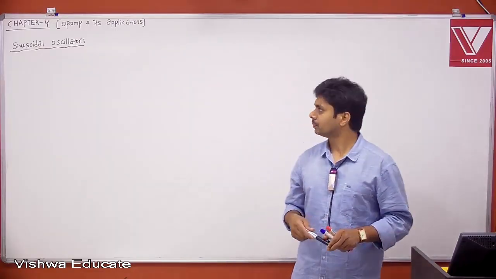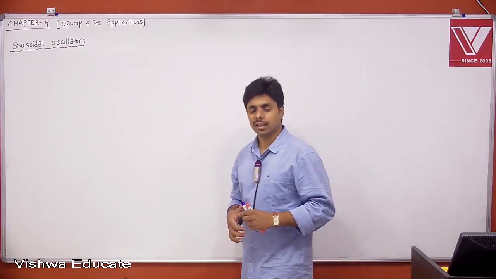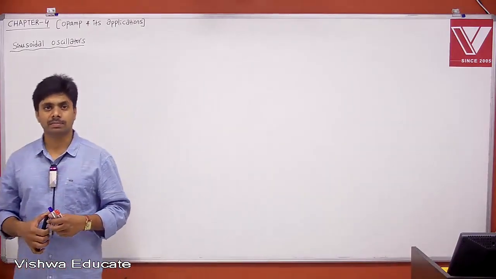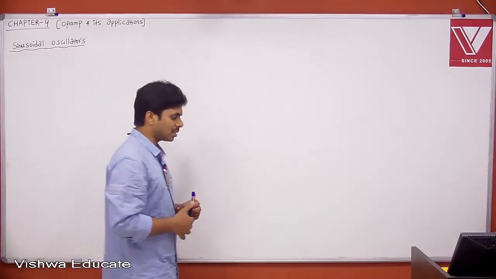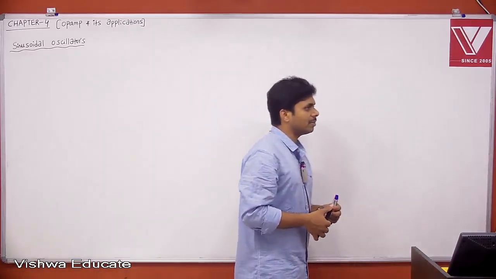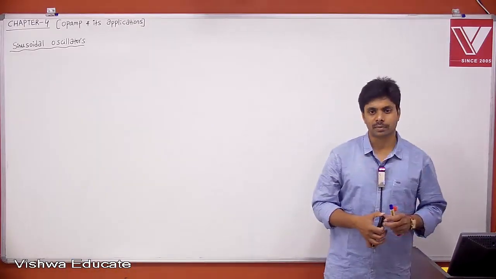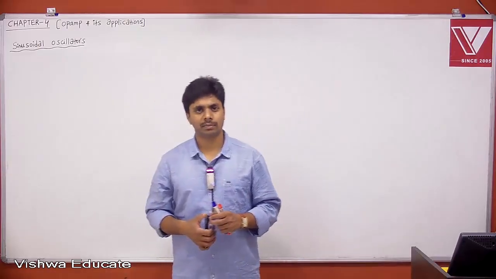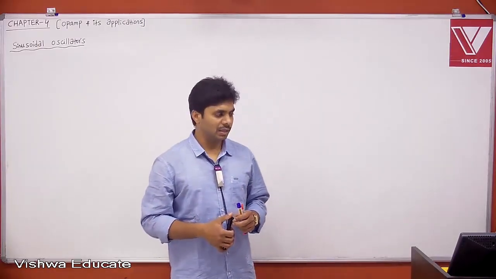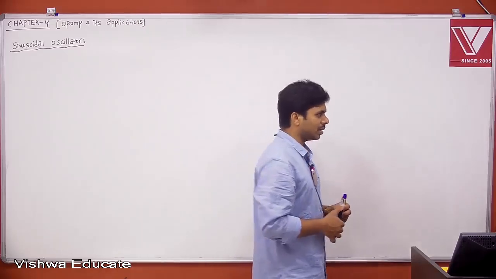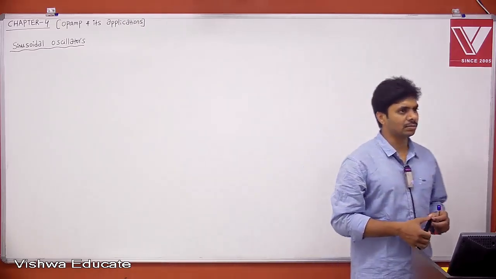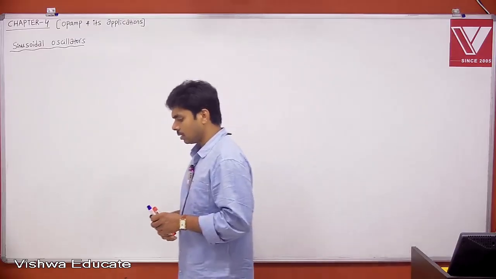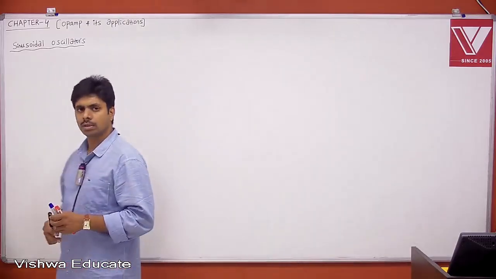Okay, now write down. Let us consider a feedback system with open loop gain A and feedback network beta.